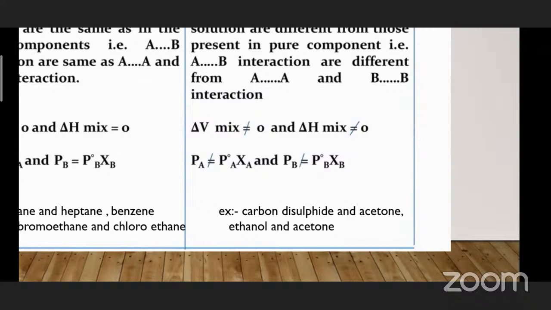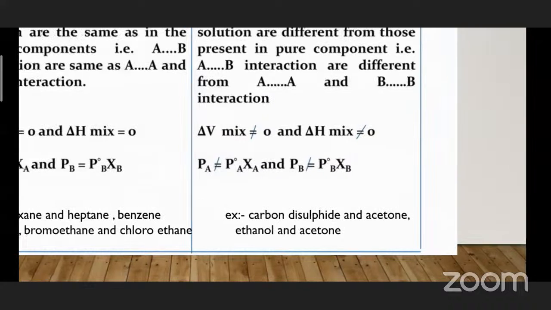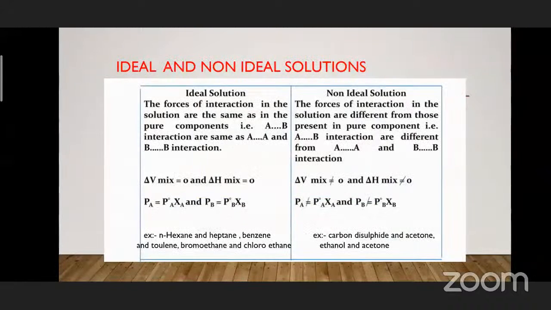So they are behaving as a non-ideal solution. Once the hydrogen bonding is broken, they will go into the vapor phase more easily than staying in the solution phase. Okay, this is about ideal and non-ideal solutions.